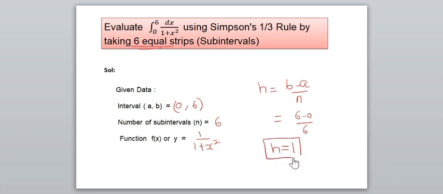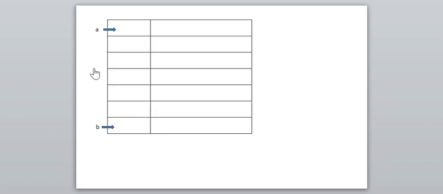Now based on this step size h, we have to divide this 0 to 6 into 6 equal parts. We'll get it by continuously adding h, which is 1, from 0 to 6. Let us start. In this case the starting value is 0 and the end value is 6. In between points you will get it by adding step size h.